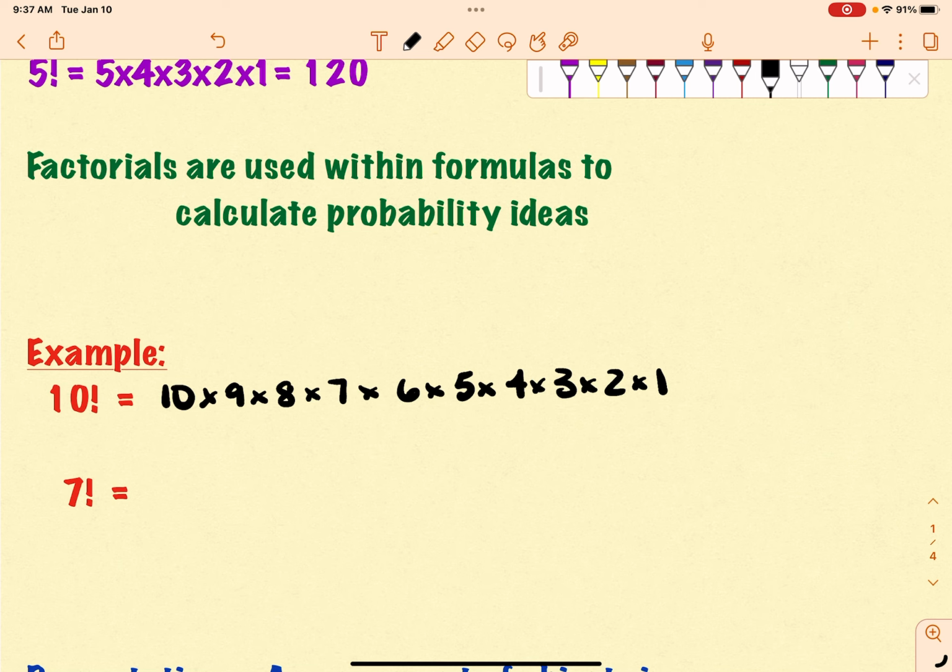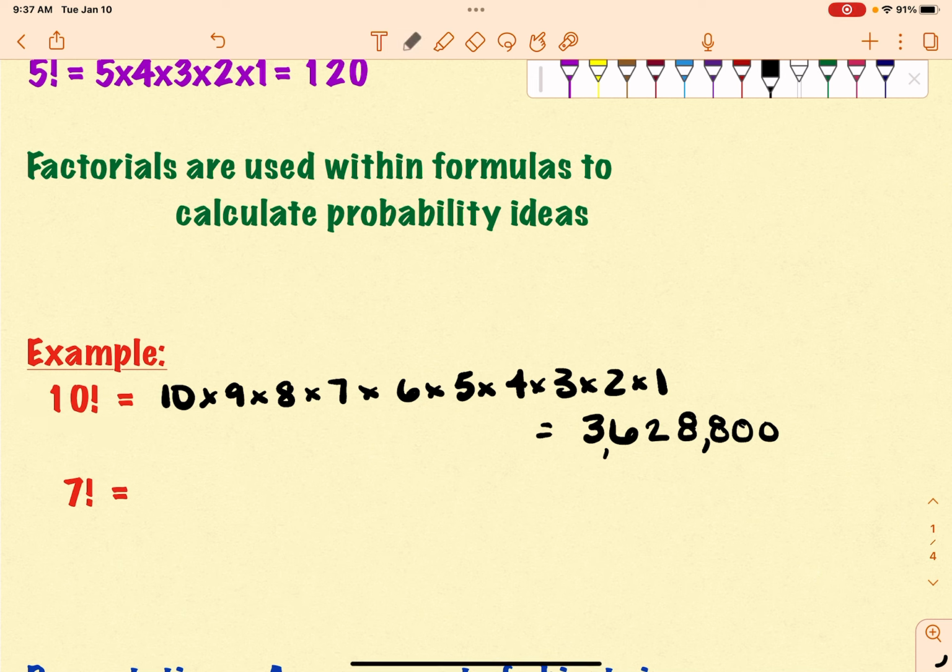So if we go through and multiply those, that would be 3,628,800. So having big numbers like that can be very cumbersome to deal with. That's obviously why they use something like this. Okay, so let's look at the next one.